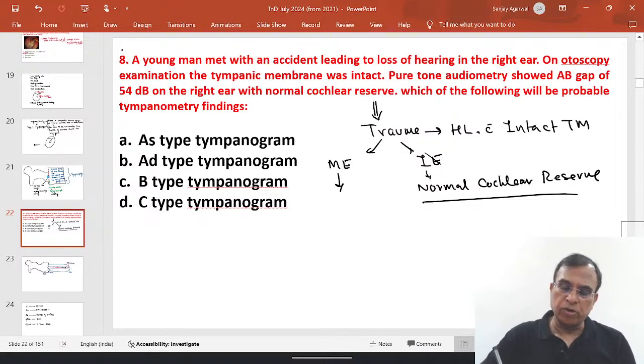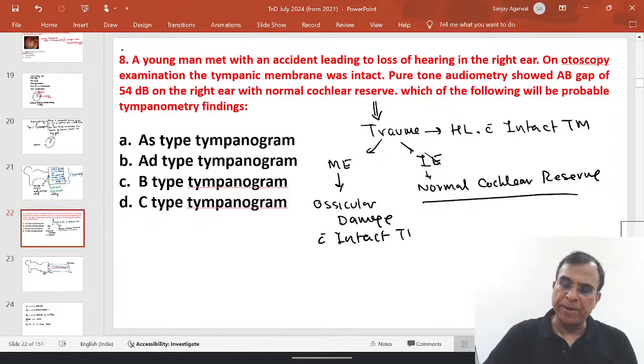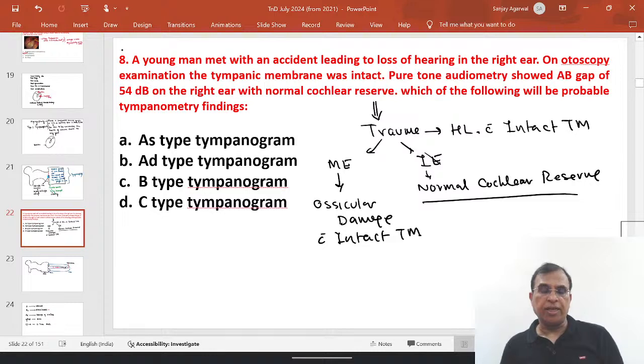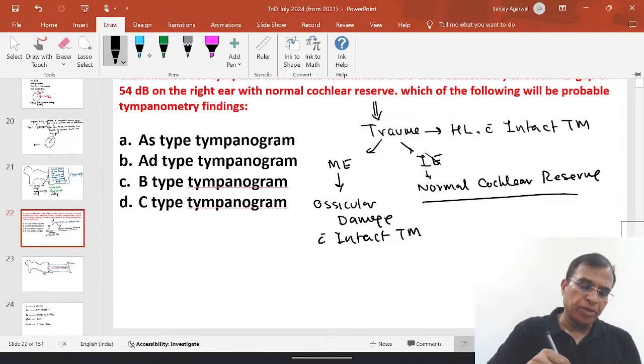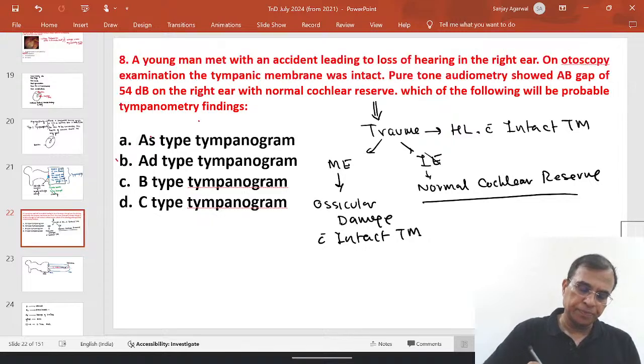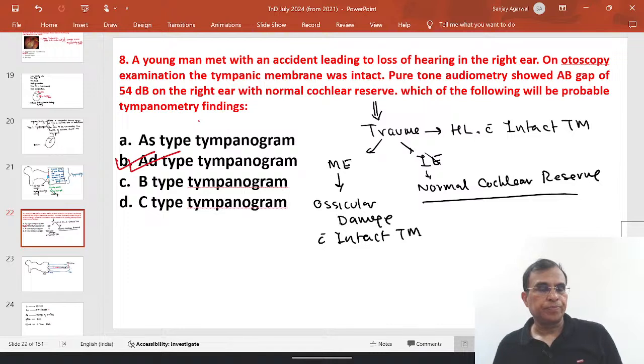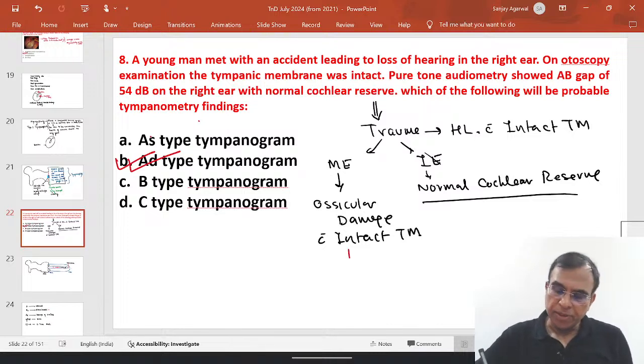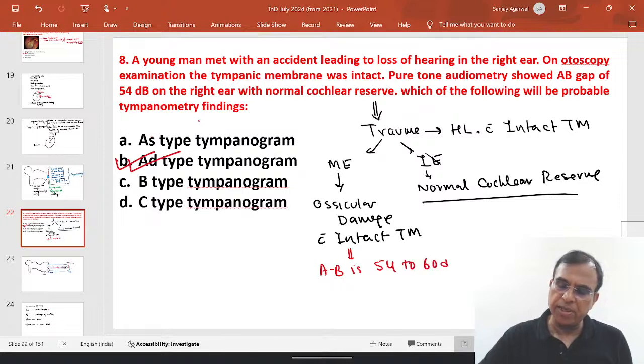In middle ear trauma, you have ossicular damage with intact tympanic membrane. And in this situation, you get an AD type of tympanogram. And in this condition, the hearing loss, the A-B gap, is 54 to 60 decibels.